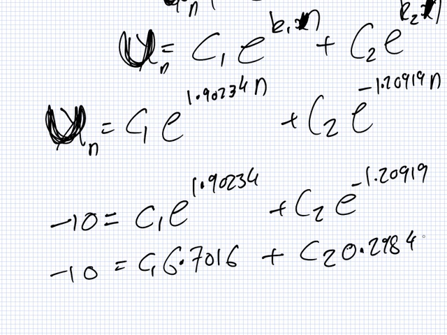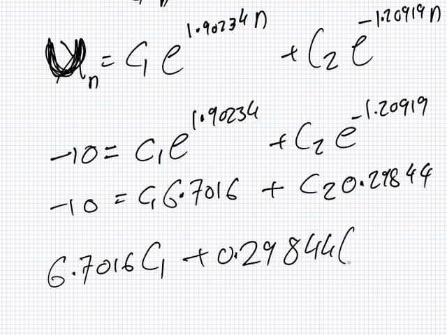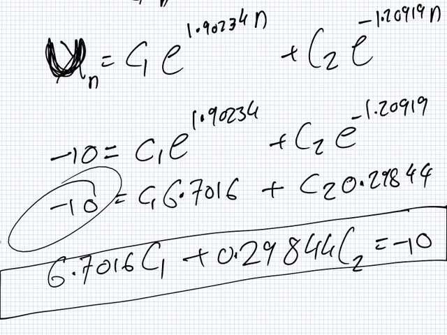Let me write that again a bit neater: 6.7016 C1 plus 0.29844 C2 equals minus 10. Minus 10 was our first term.